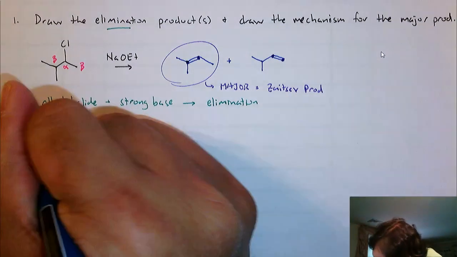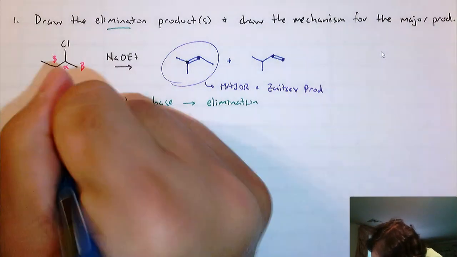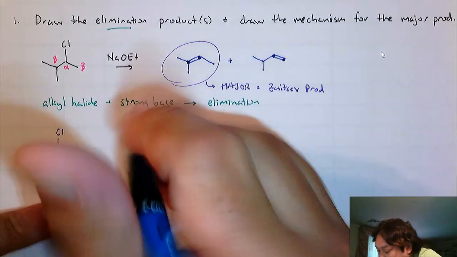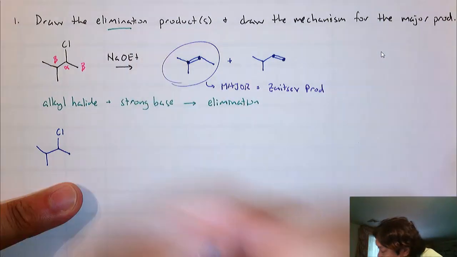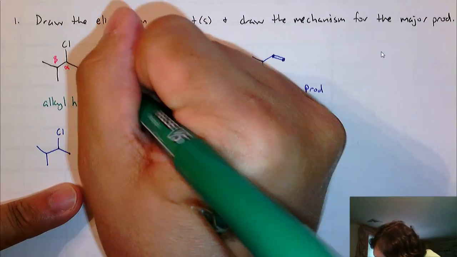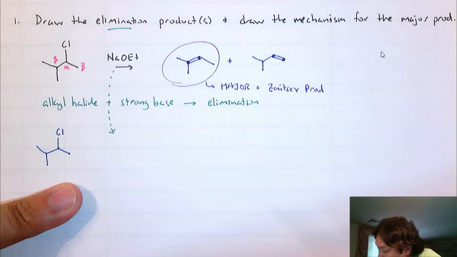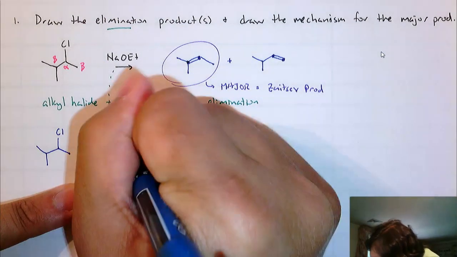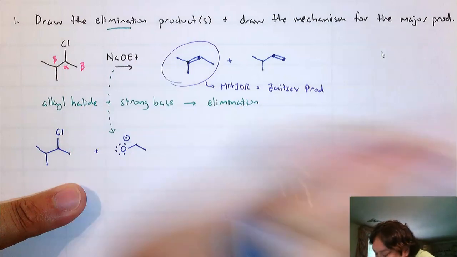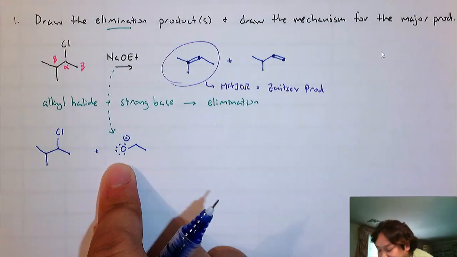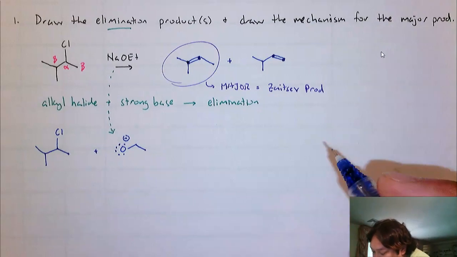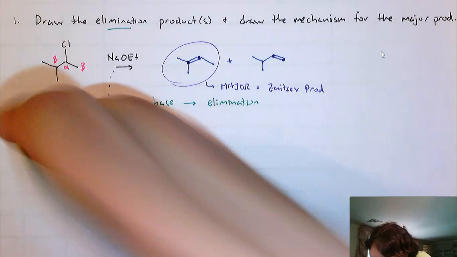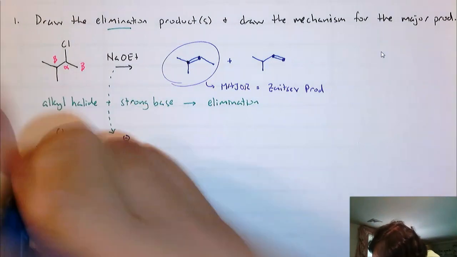You want to draw the starting material first, the main starting material, and then you have to realize that this NaOEt is actually what? It's actually an ethoxide. The sodium dissociates off, leaving behind an O-. The major product was using the beta carbon on the left, and I'm going to cheat a little bit.